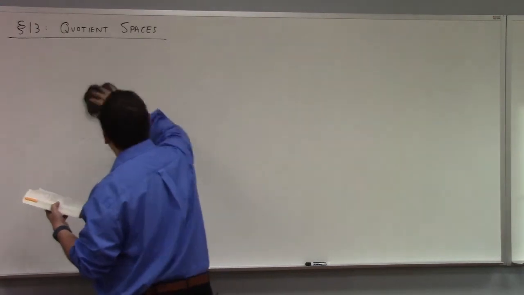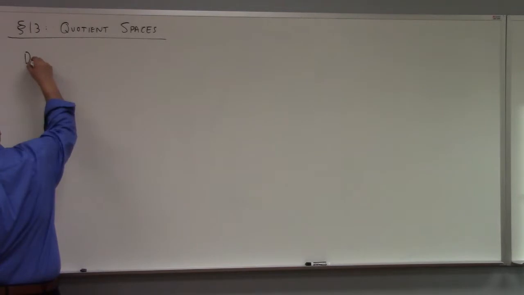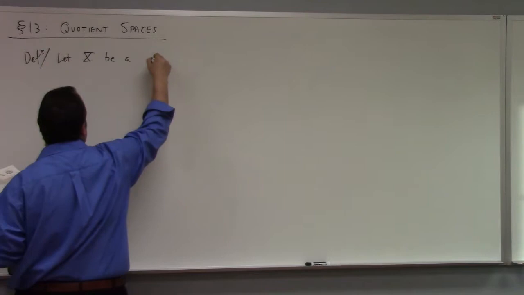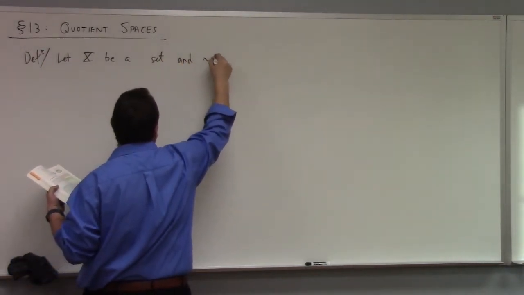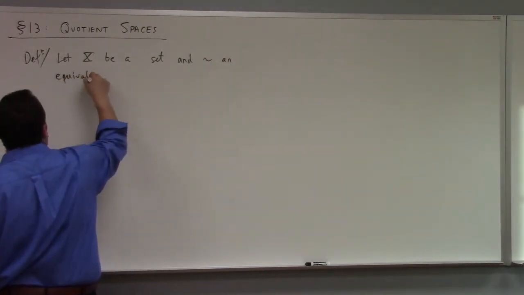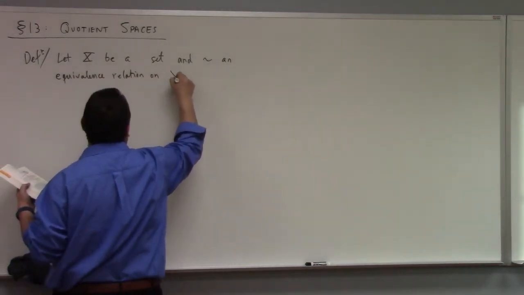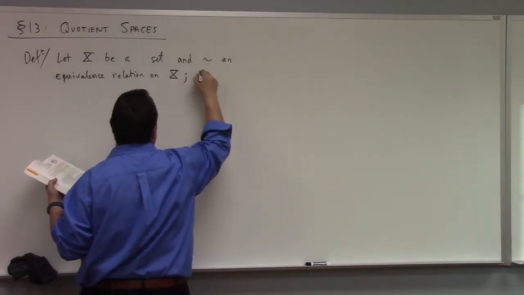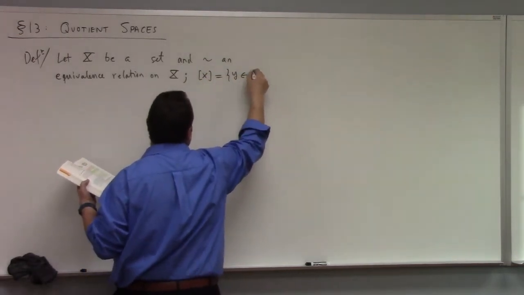Okay, so definition then. Here we go. Let X be a set, and an equivalence relation on big X. And here I'll throw in some notation. The equivalence class of x would be y in big X such that what?